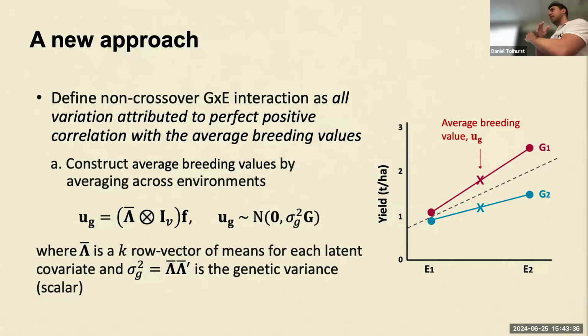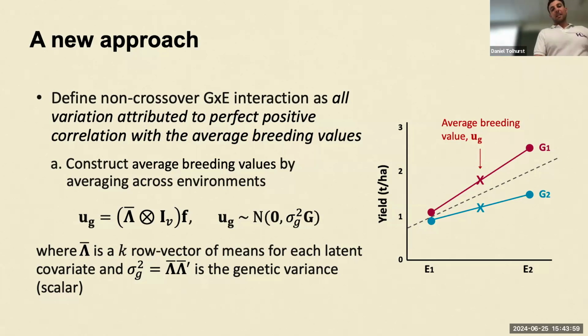They're never re-ranking. So if you were to take a correlation between those average breeding values there on the X's and the slopes of those two regression lines, the correlation is still 1. And so you can do that for anything that's doing this, provided that they're going through the same rankings as the intercepts, as the average breeding values would.